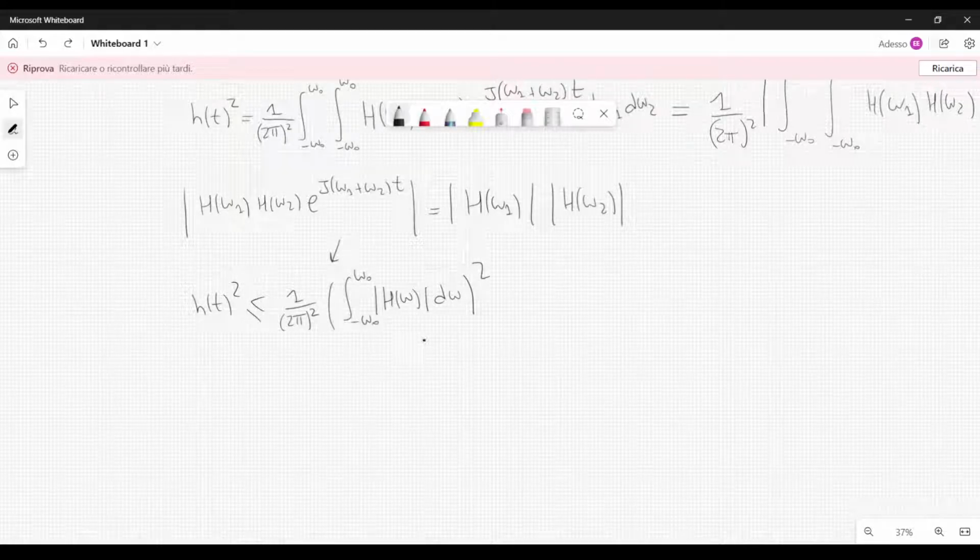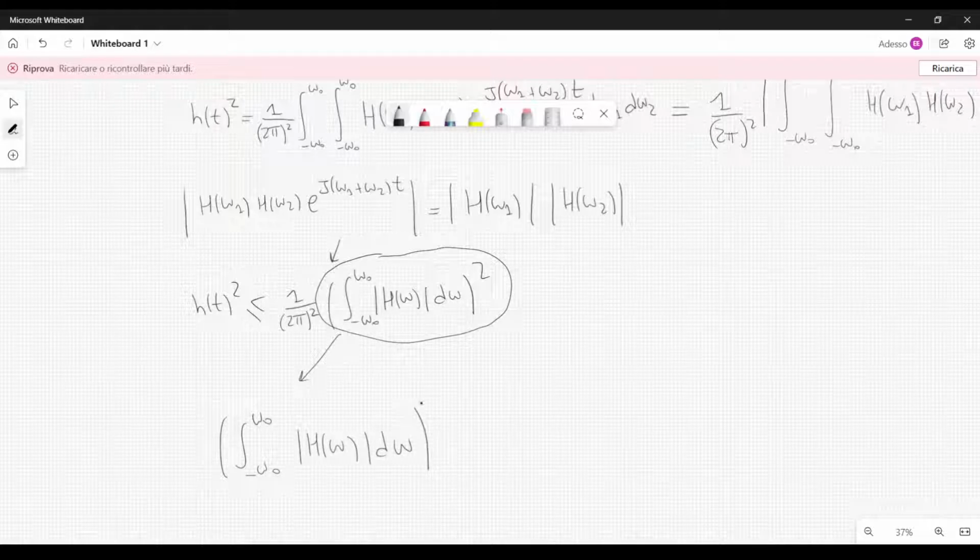But now we have to do something more. We can also show that if we consider this integral here, let me rewrite it here. We have the integral from minus omega naught to omega naught of mod of h of omega d omega, squared.